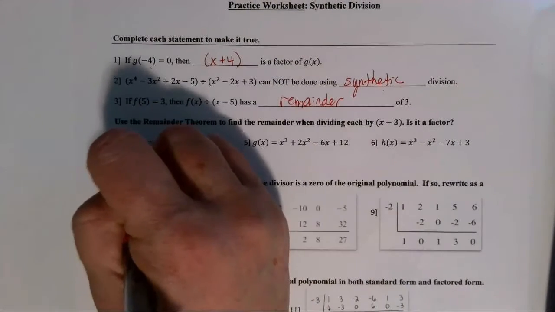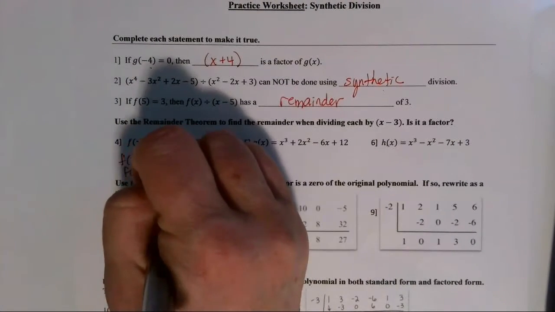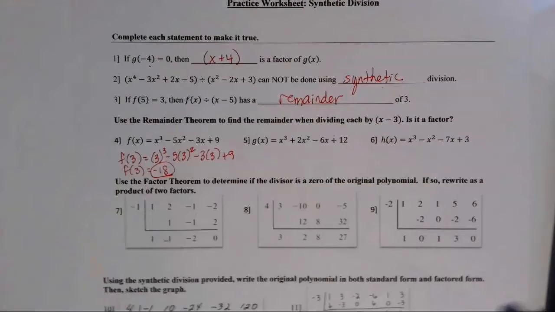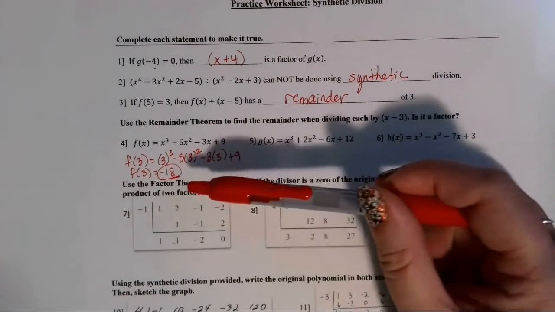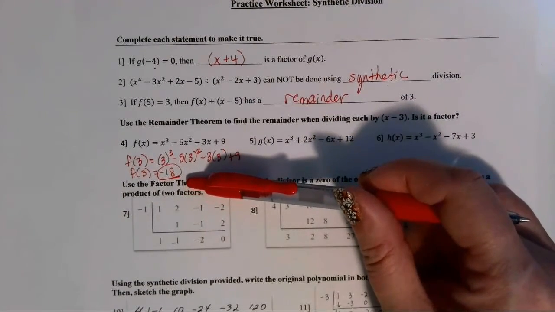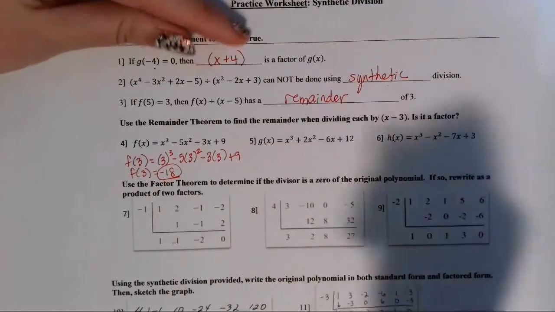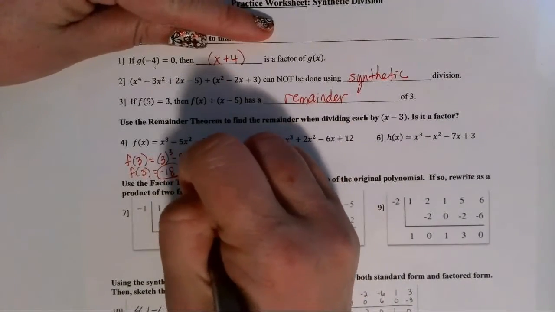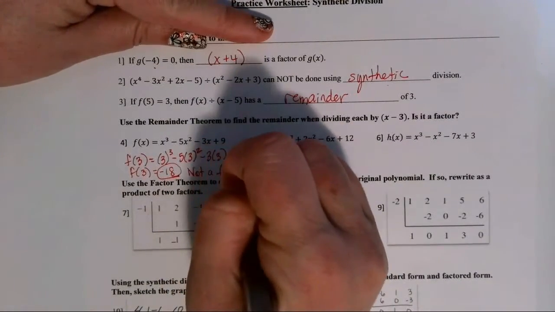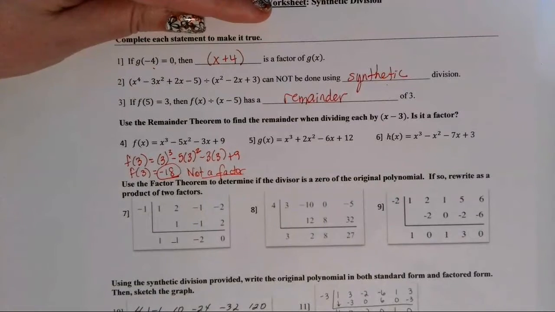And since f of 3 is equal to -18, -18 is the remainder of that division, and so x minus 3 is not a factor. Right, to be a factor, we would need a remainder of 0.